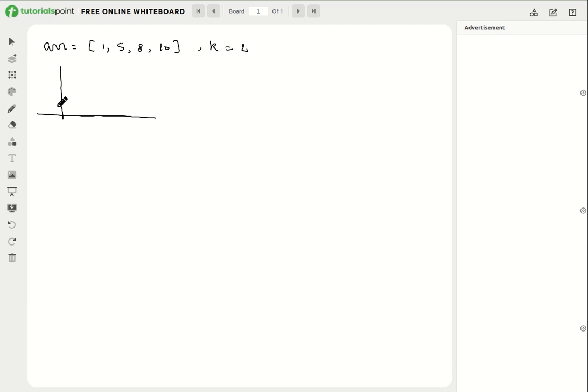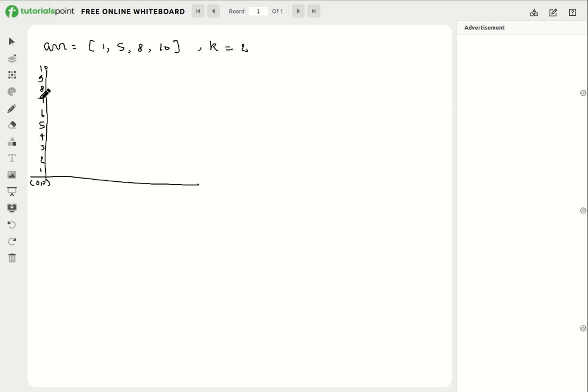The coordinate will be 0 0, then 1 2 3 4 5 6 7 8 9 and 10.